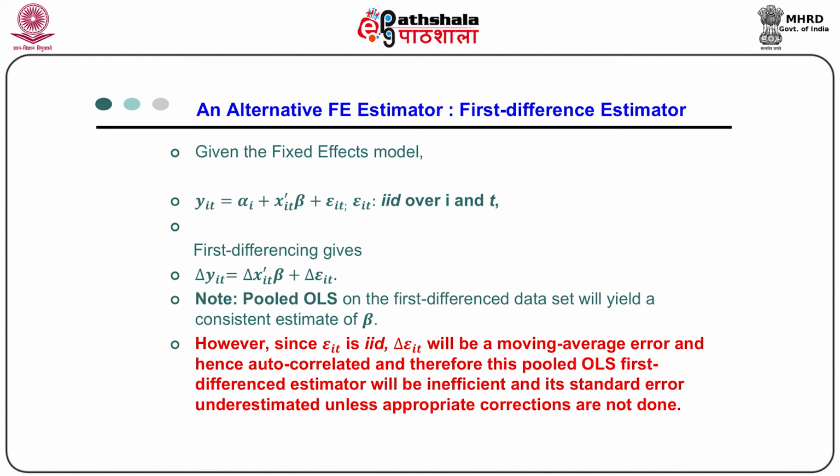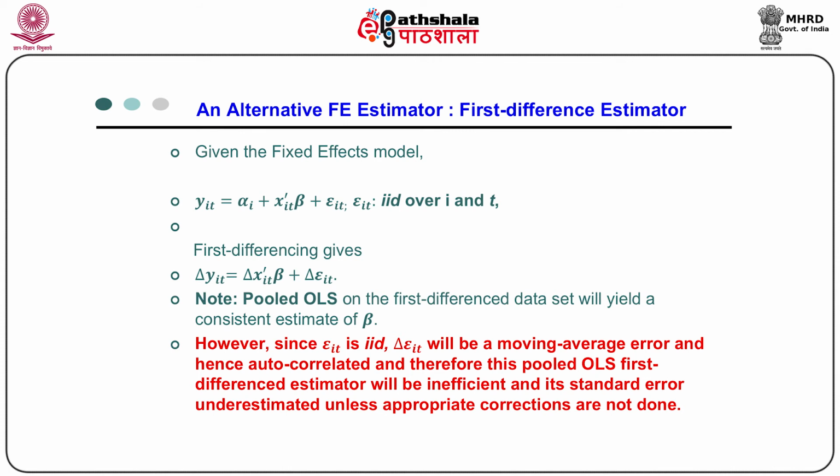Now, an alternative fixed effect estimator is the first difference estimator. Given the fixed effect model, we can have the first difference model by taking the difference of yit from yit minus 1. Note that pooled OLS on the first difference data set will yield a consistent estimator of beta.